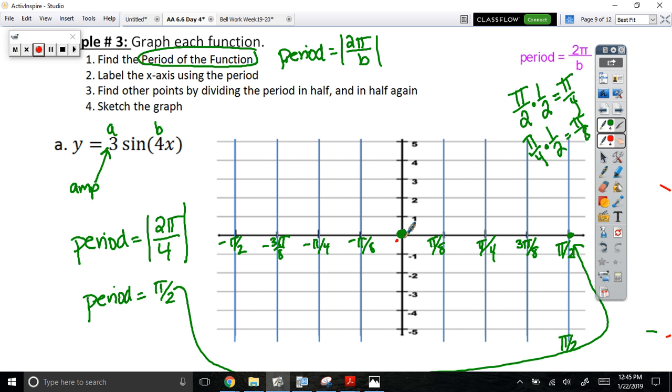So put a nice big dot there. And the amplitude this time is going up to 3. So we'll go up to 3. Back down to 0. At 3 pi eighths, we'll go to negative 3. And back up to 0.